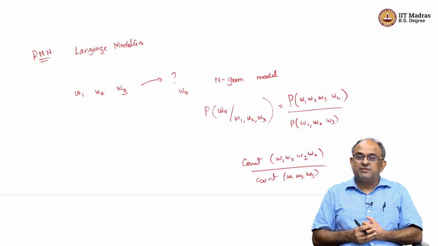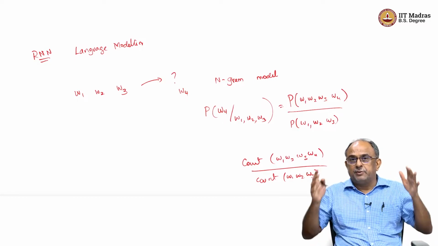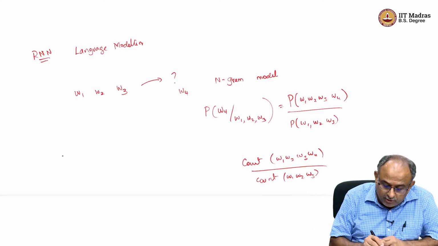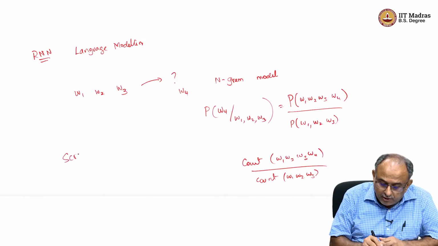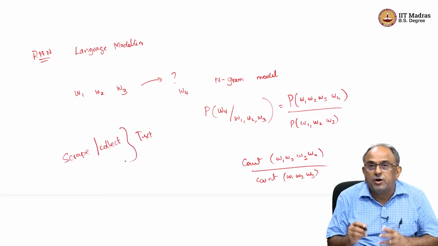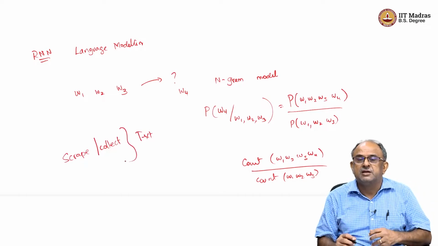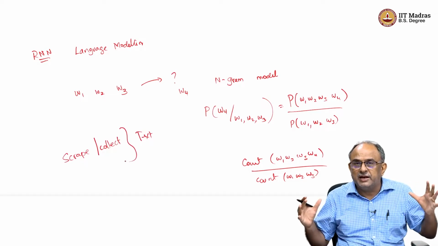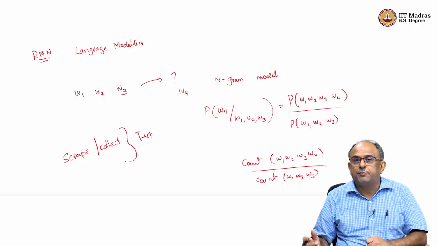We call this the probability. And how do I calculate this probability? I am going to scrape or collect a lot of text from the internet. It could be book articles, newspaper articles, blogs, everything, and collect a lot of text and then compute this probability.